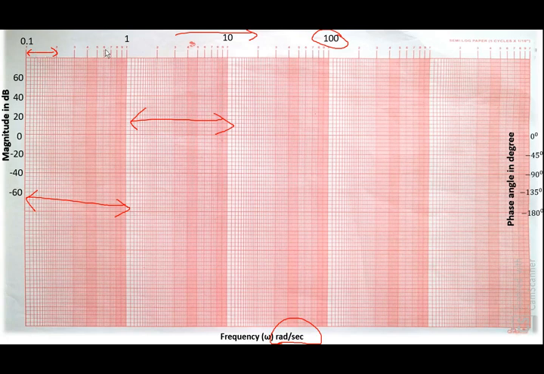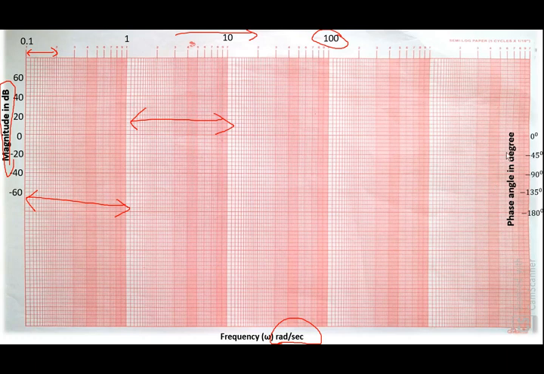So 0.1, 1, 10, 100, these are the multiples of 10, and on the y-axis you can plot the magnitude in terms of dB. Consider 0 as a reference line in the magnitude plot. Always 0 dB is the reference line, the values above are positive 20 dB, 40 dB, 60 dB, and the lines below are negative values, negative gains.